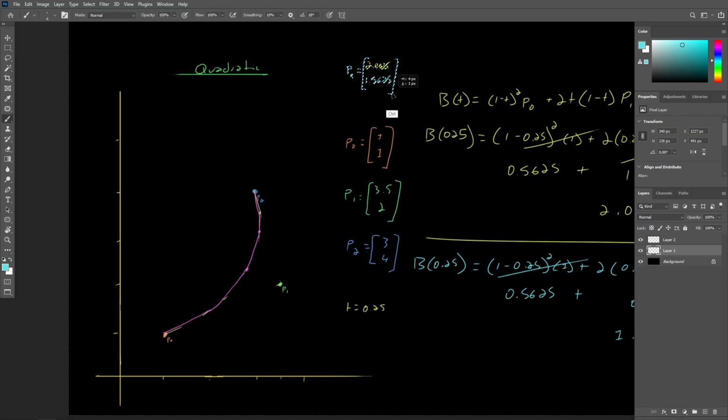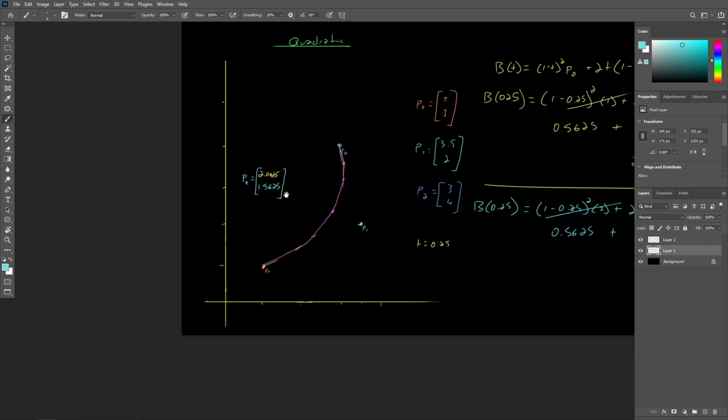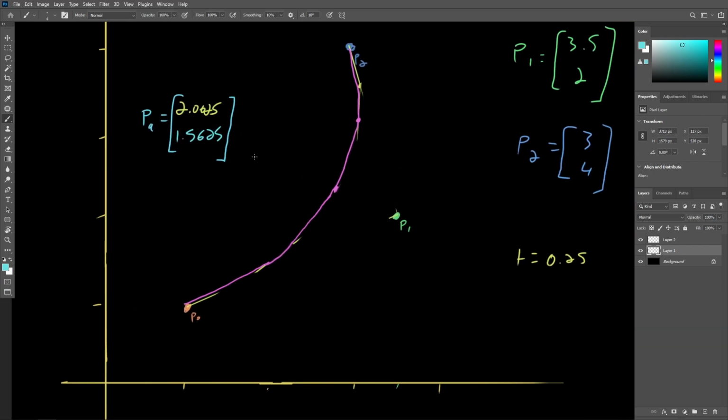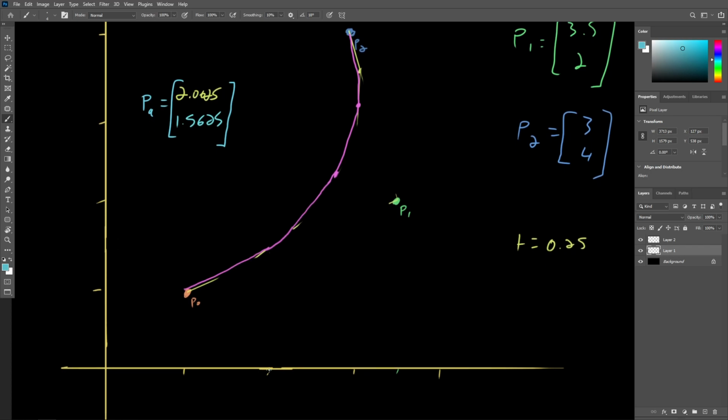All right, so we found our point. Let's move this down here so that we can see what we're doing. And let's plot this just to make sure we didn't make any mistakes and that this calculation does make sense. All right, so we're looking for 2.06 on the x-axis, so just beyond a value of 2, so right about here, and 1.56 on the y-axis, so a little bit beyond 1.5, so how about right around here?